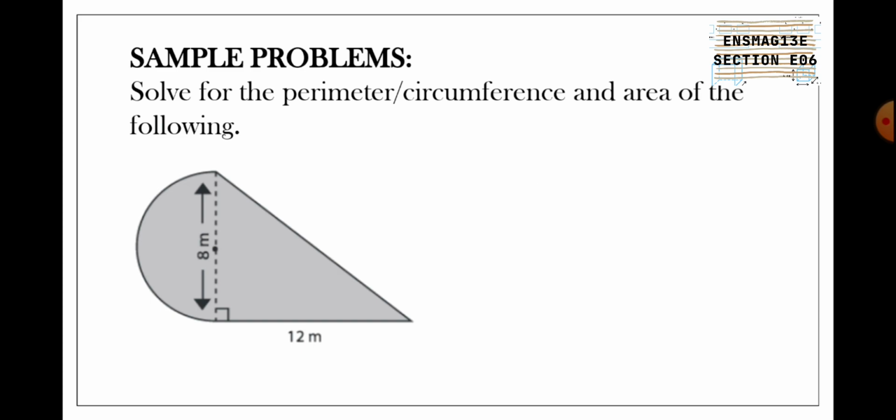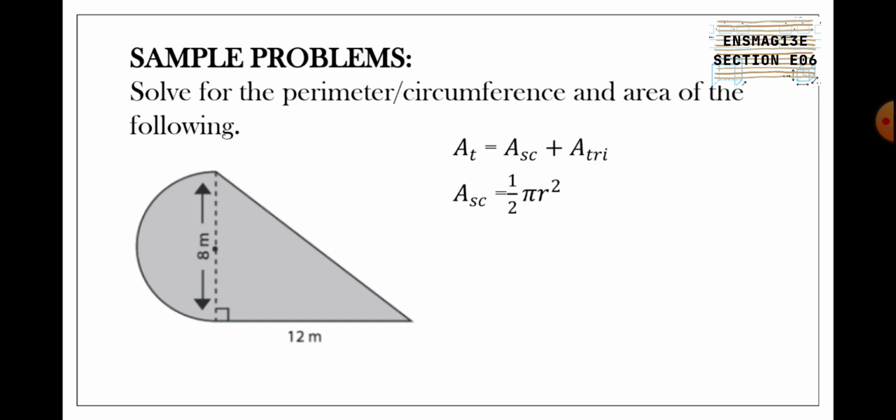Now we will compute for its area. Since we have again a triangle and a semicircle, the total area refers to the area of the semicircle plus the area of the triangle. The area of your semicircle is just half of the area of a full circle, giving us 1/2 pi r squared.